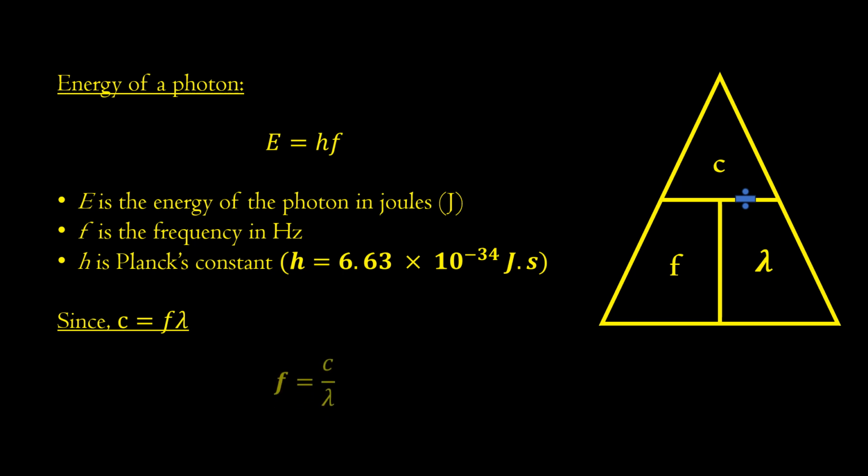So the frequency f equals c divided by the wavelength. And if we substitute f equals c over lambda into the equation to calculate the energy of a photon, which was given to us as E equals hf, we are left with E equals h brackets c divided by lambda.